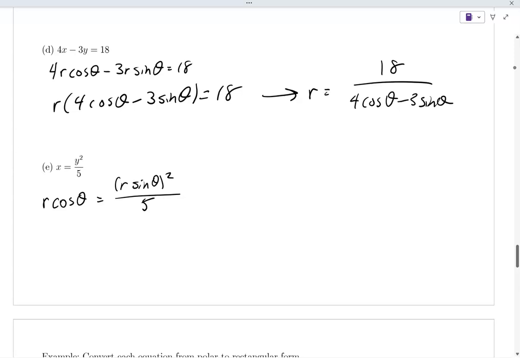And again, if we can, we like to solve this for r. So if we square the r and square the sine theta, we get r squared sine squared theta over 5.